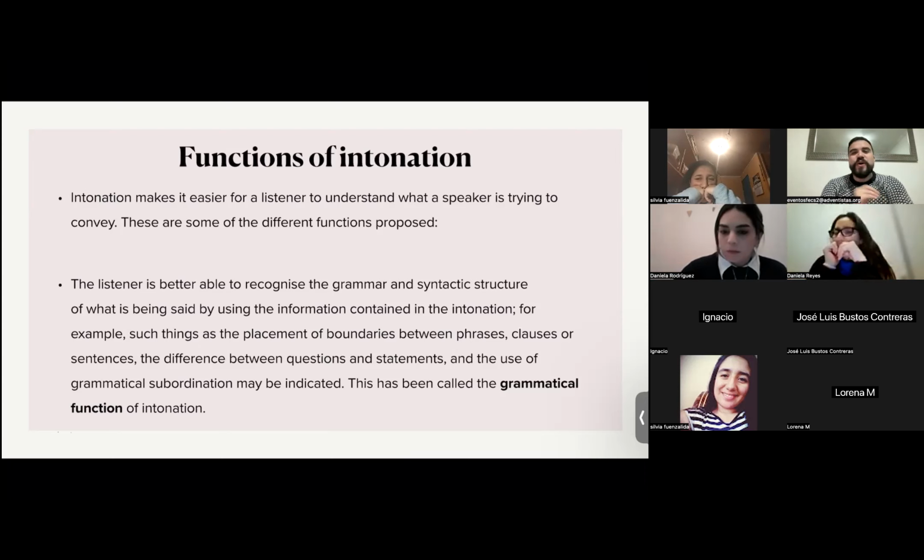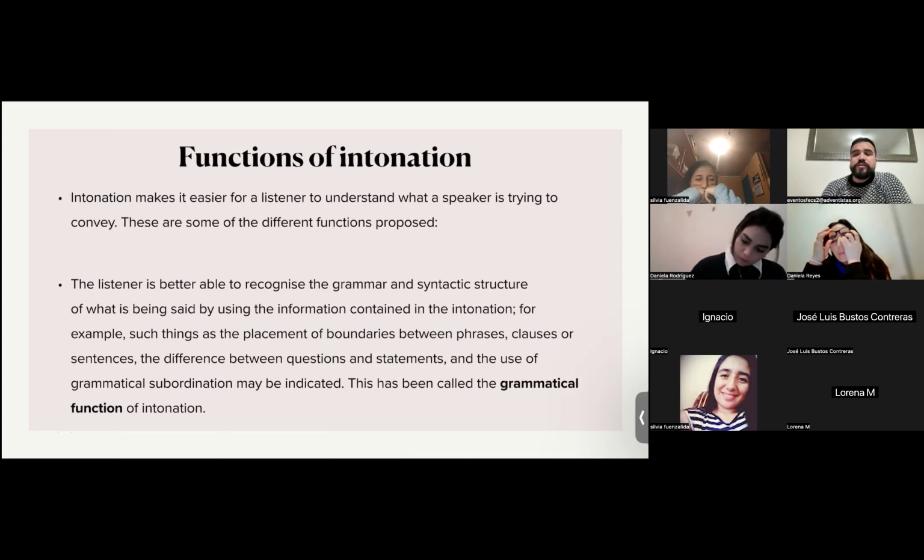Yes, I am. So it is the intonation, that tone on that word, to ask a question. And also the use of grammatical subordination might be indicated. And for that we call it the grammatical function of intonation.